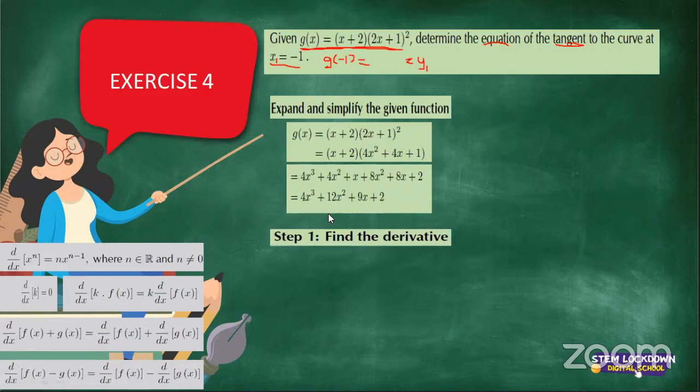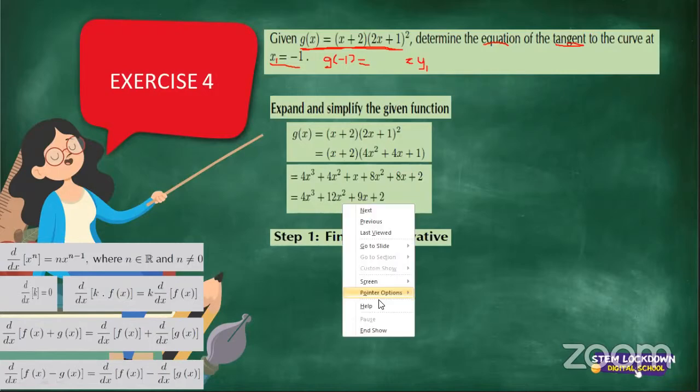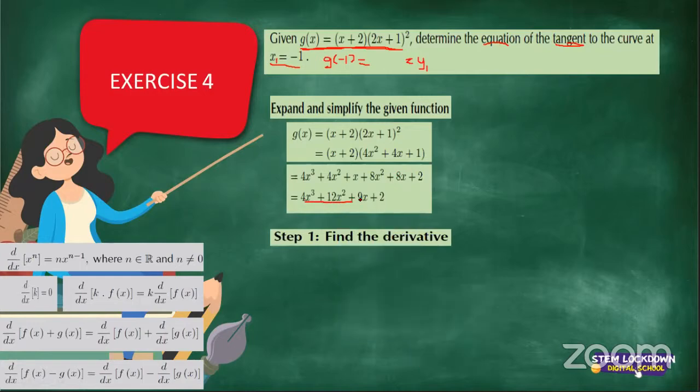So now we have a sum of functions. Now that we have a sum of functions, we can find the derivative. We can find the derivative by simply saying that this is going to be 3 times x to the power of 3 minus 1.